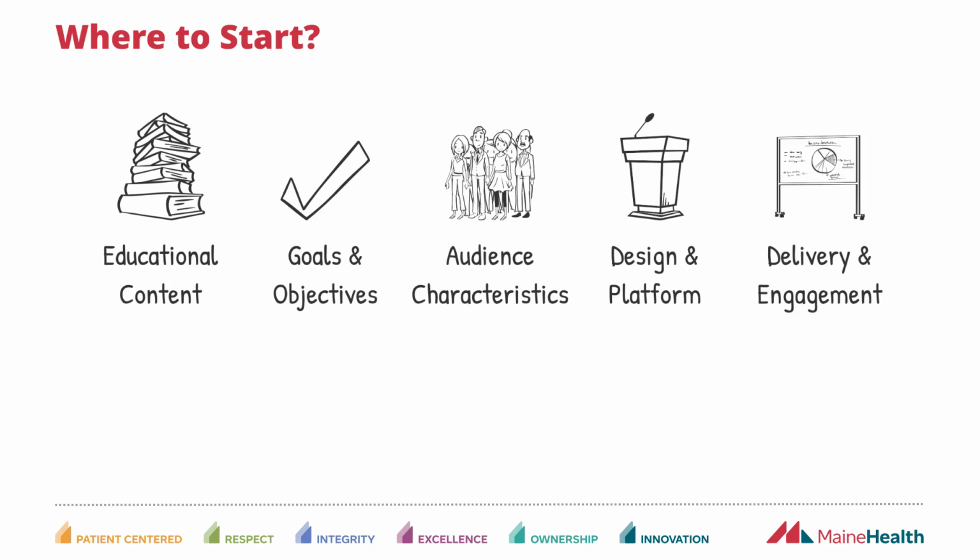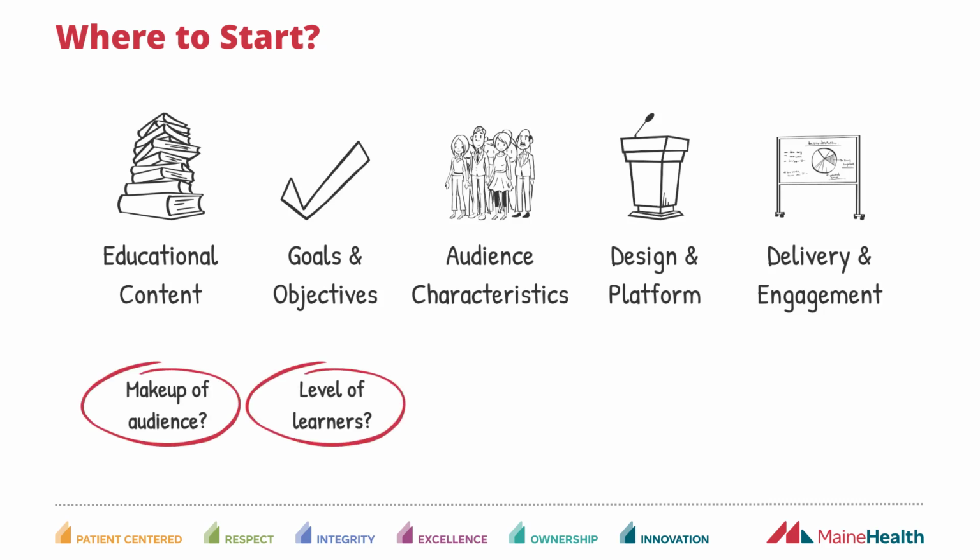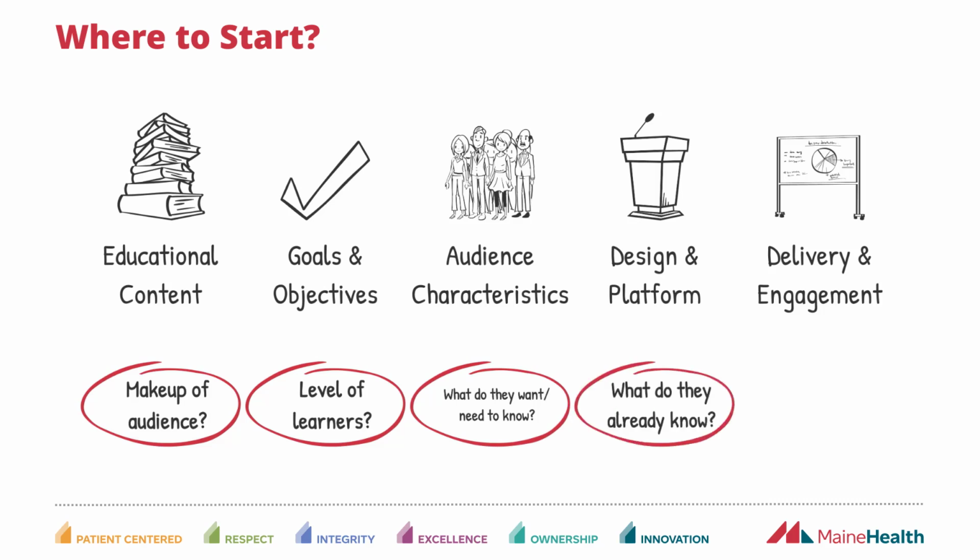Most lecturers start with the objectives or the content, but it might be nice to switch it up and consider starting with the audience or the platform. What is the makeup of the audience? What is the level of the learners? And what do they want or need to know? What do they already know? How can I get everyone on the same page, such as including a brief anatomy or physiology component to build on a scaffolding of knowledge?